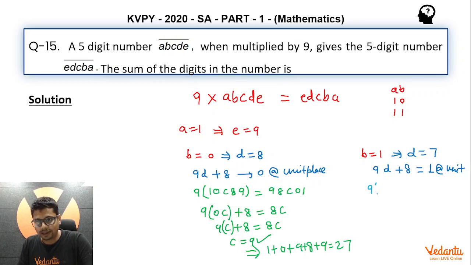We have 9 multiplied by 1, 1, C, 7, 9, and that should be equal to 9, 7, C, 1, 1. 9 multiplied by 9, 81. You put 1 here, carry forward 8. 9 multiplied by 7, 63, plus 8, 71. You put 1 here, and 7 gets carried forward.